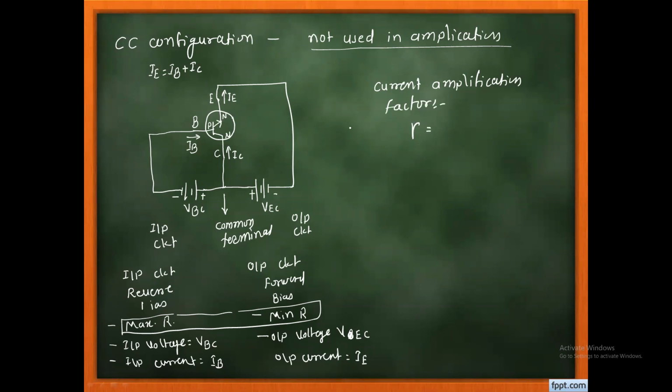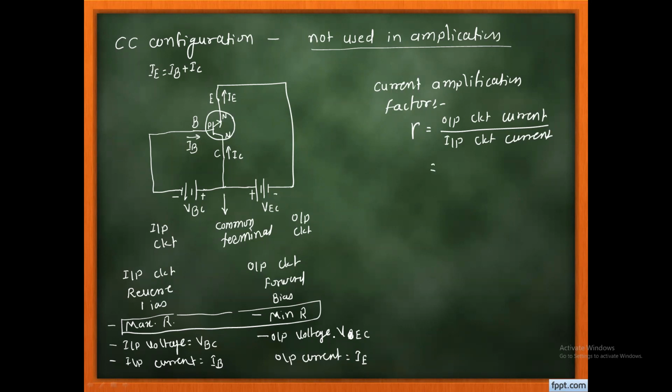For common base, it is denoted by alpha. For common emitter, it is denoted by beta. And for common collector configuration, it is denoted by gamma, which is nothing but the output circuit current to the input circuit current.